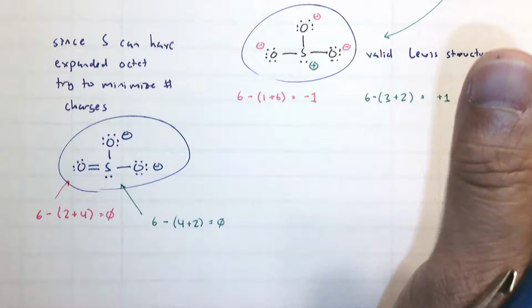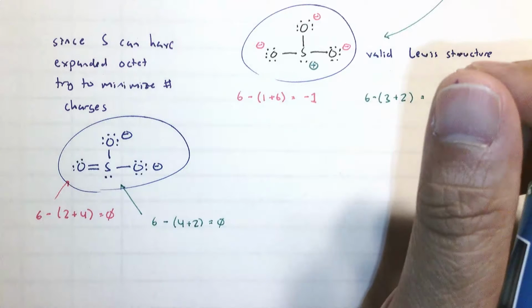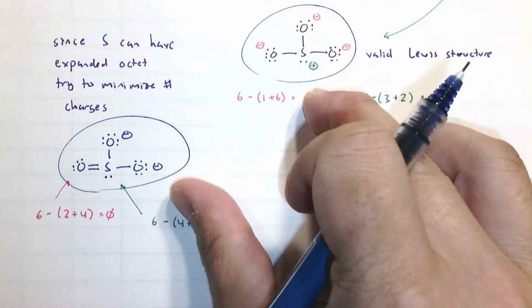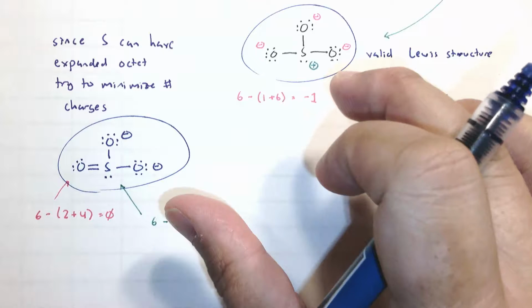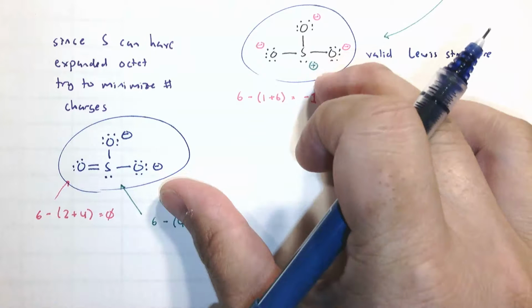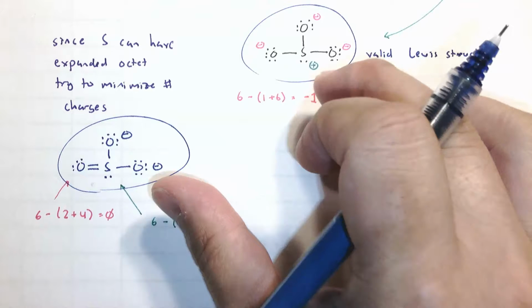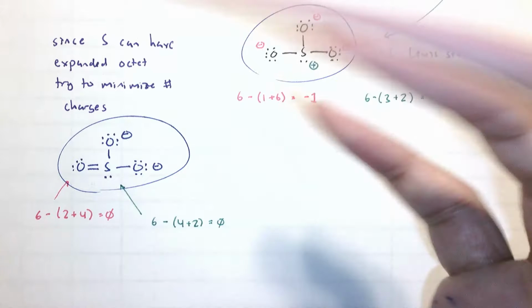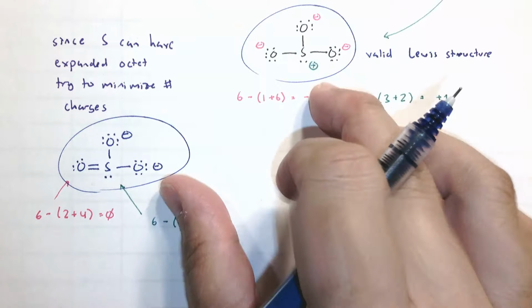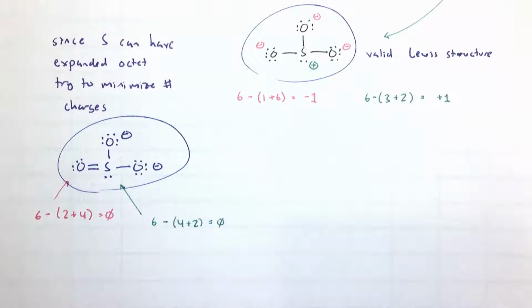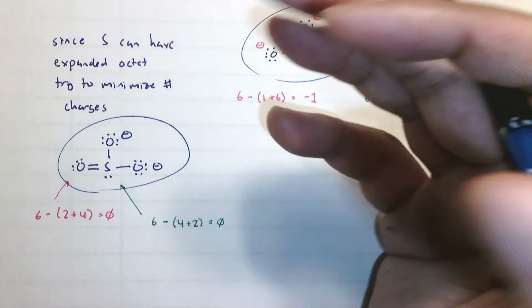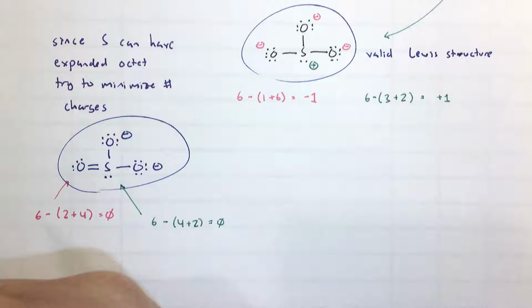Some professors, including myself, would accept either. Okay, there are advantages to both, and in actuality, the real sulfite molecule is really a blending of these 2 Lewis structures.